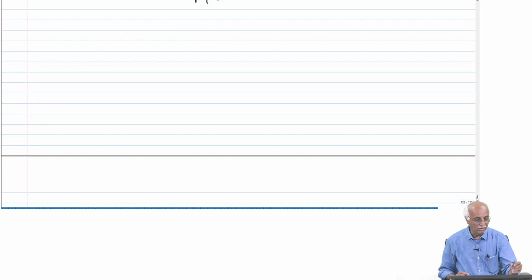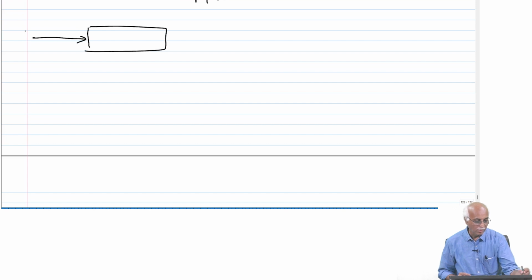Let us say a light source with intensity I lambda, which is time dependent since it is a pulse.